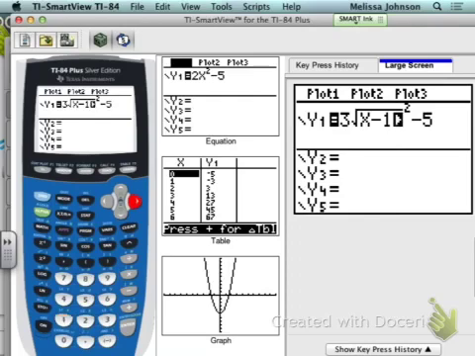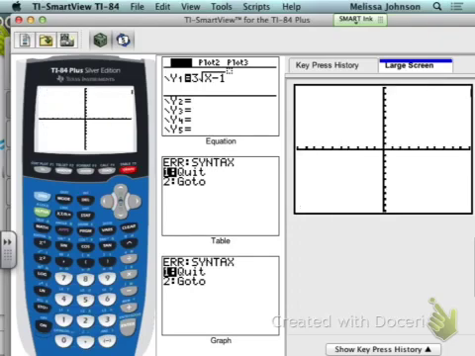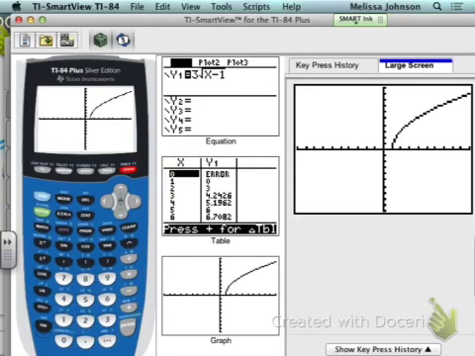If you did what I just did and did not delete all this other stuff, you're going to have to go through and do that. Sometimes it's just easier to clear it out and retype it. So 3 square root x minus 1. We'll hit graph.